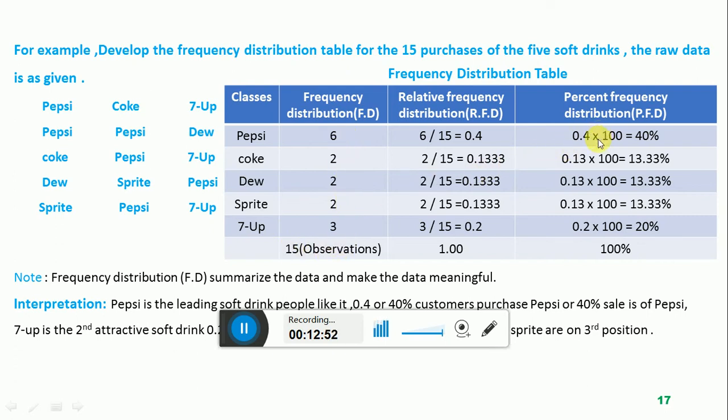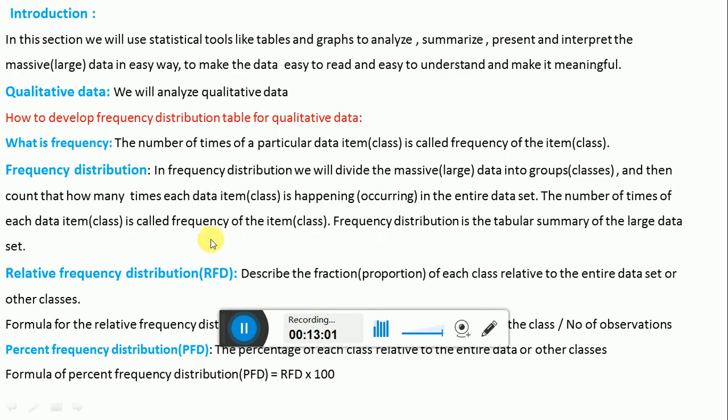Now we are switching to the percent frequency distribution, PFD. As we studied on the previous slide, percent frequency distribution is the percentage of each class relative to the entire data set. The formula is PFD equal to RFD multiplied by 100.